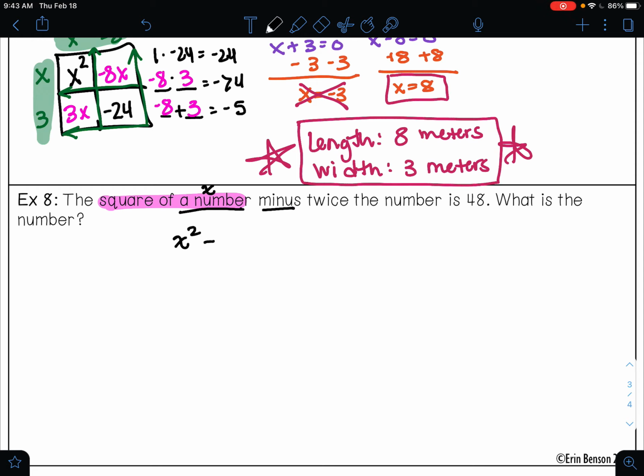minus twice the number. Well, the number is x, so twice x means 2 times x. So 2x equals 48.